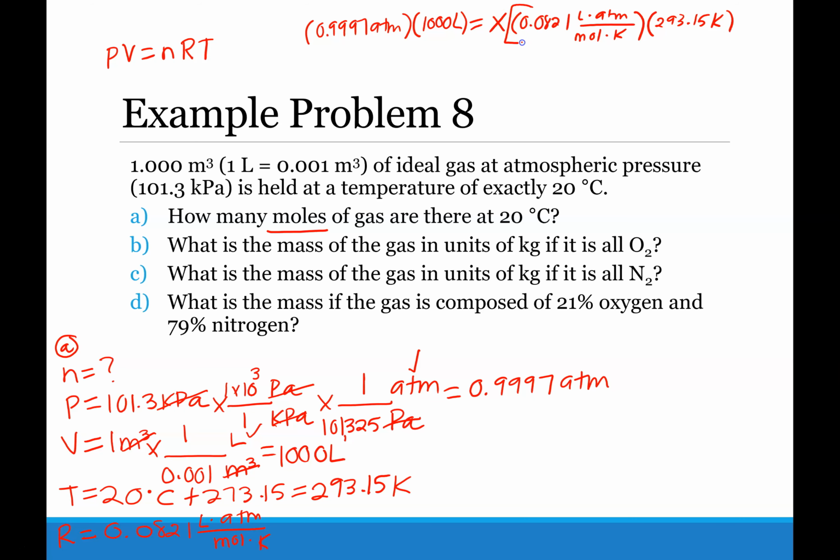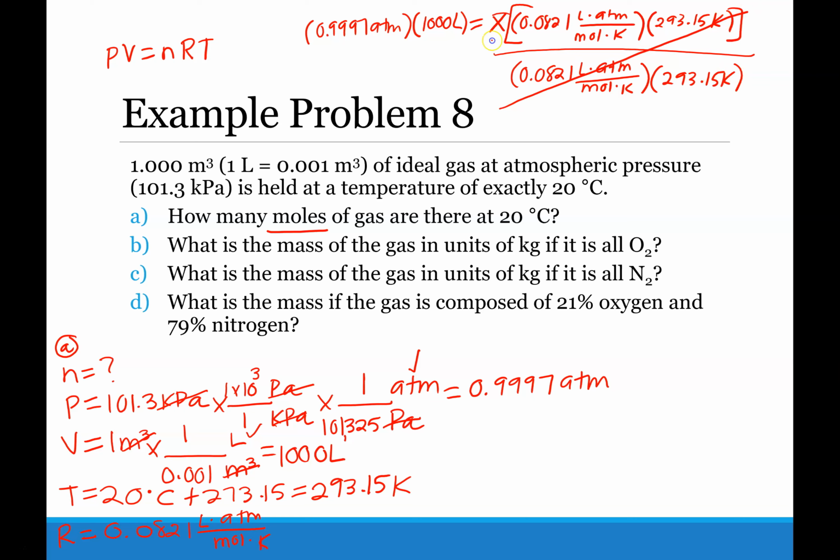So again, we're going to treat all of this as one variable. We're going to divide by 0.0821 liters ATM per moles Kelvin times 293.15 Kelvin. And so that all cancels.